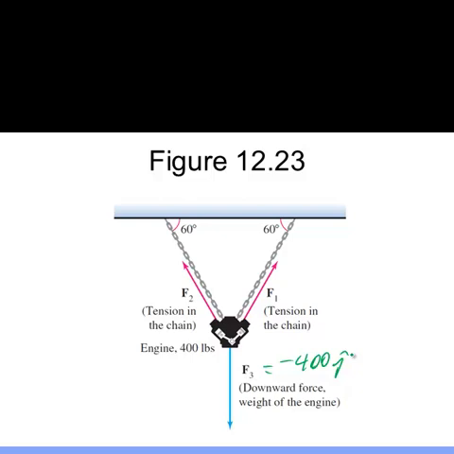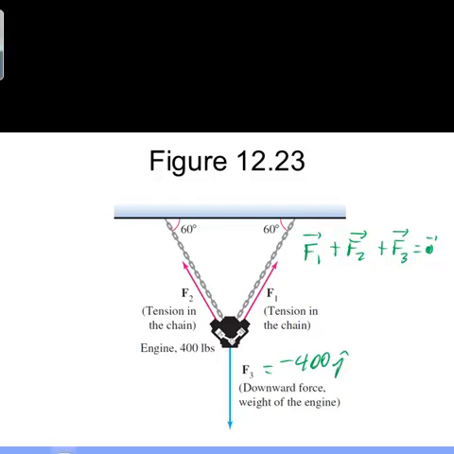And then we have F sub 1 and F sub 2. Because this engine is not moving, the sum of the three forces will be equal to 0. So we have F sub 1 plus F sub 2 plus F sub 3 equal to 0. One of Newton's laws says that an object at rest stays at rest unless some sort of force is applied, in which case it would be accelerated.